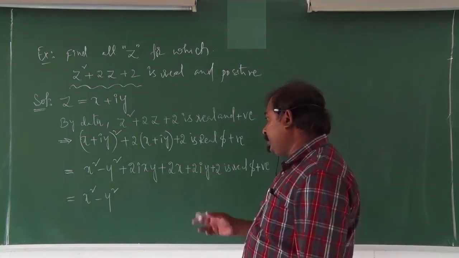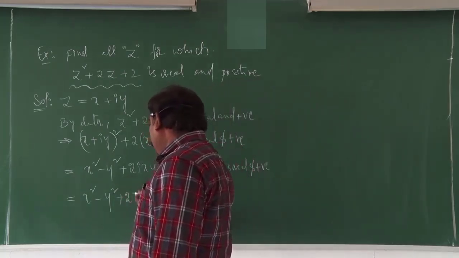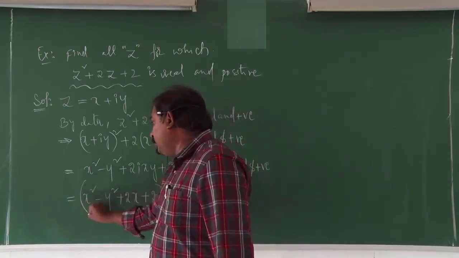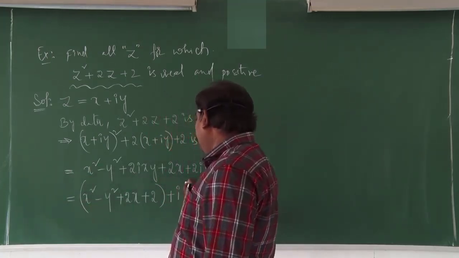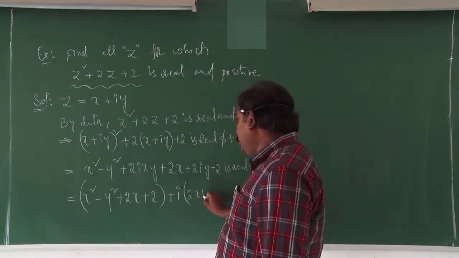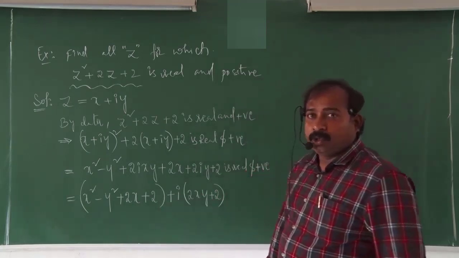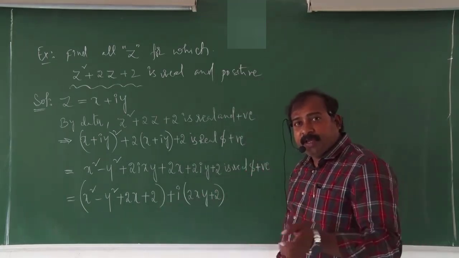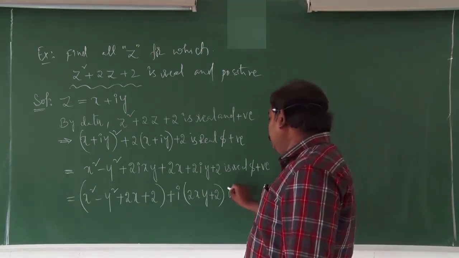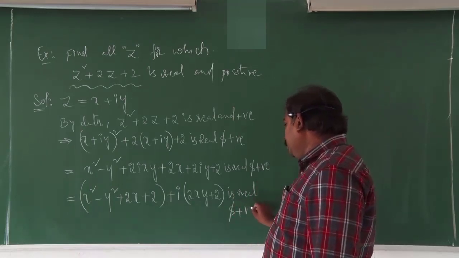What is the real part? x square minus y square plus 2x plus 2. This is the value, plus iota into, what you will get here, 2xy plus 2. So I separate the real part and the imaginary part.